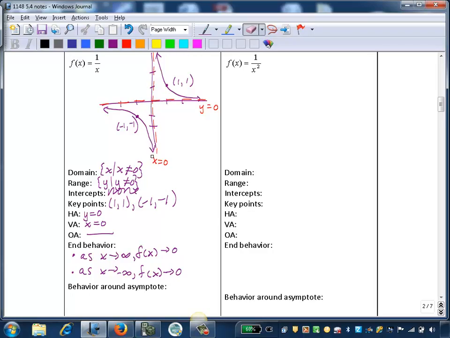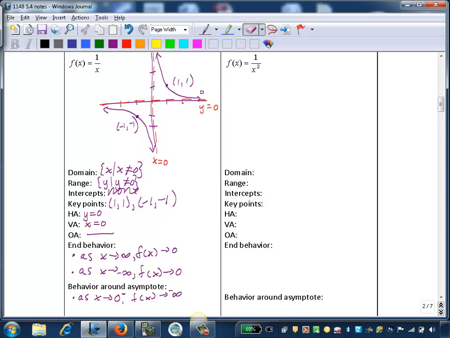The f of x is approaching negative infinity. So the way we'll indicate that, we'll say as x approaches 0, and I'm going to use a negative superscript, and that's going to indicate as x approaches 0 from the negative side, from the left side, I can say f of x approaches negative infinity.